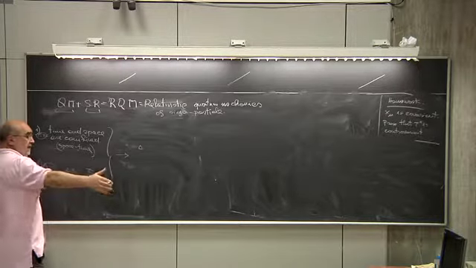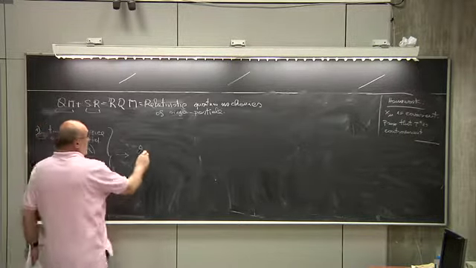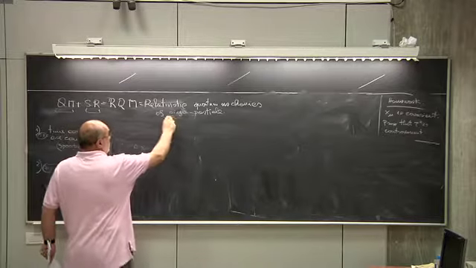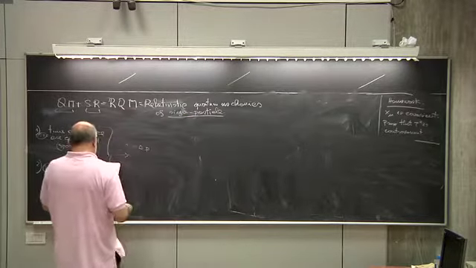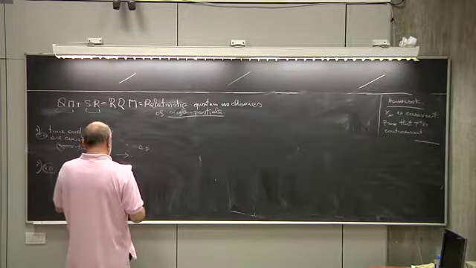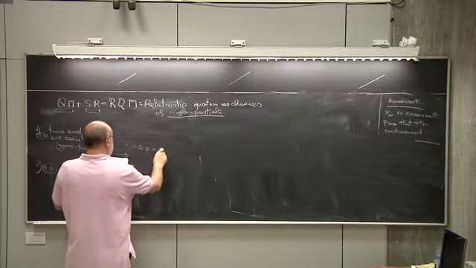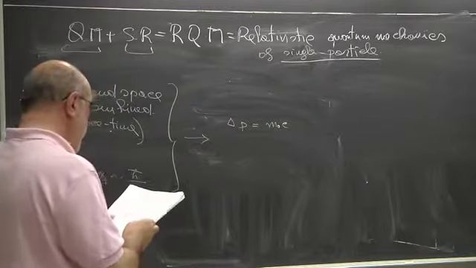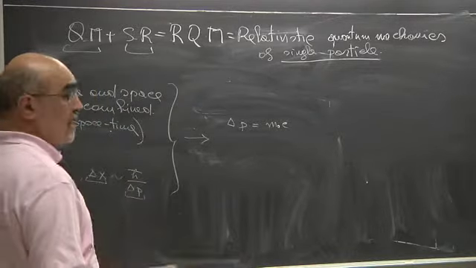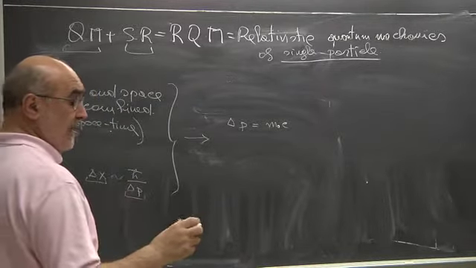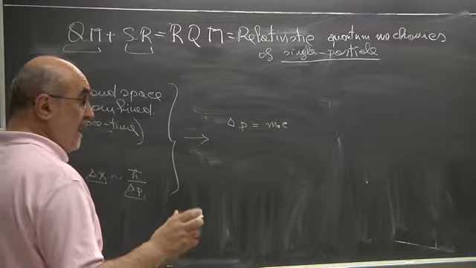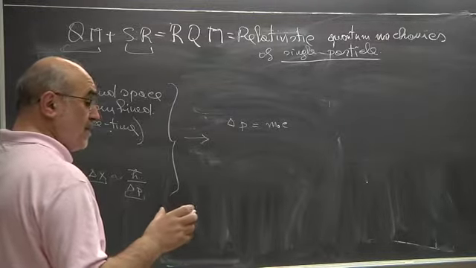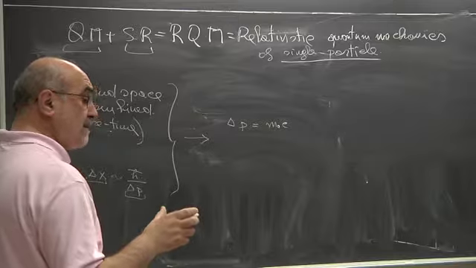That means it can be very big or it can be very small. Here, if I put these things together, the maximum delta p that I can get is this one. Why? This is the maximum uncertainty in delta p I can have if I want to describe a single particle.